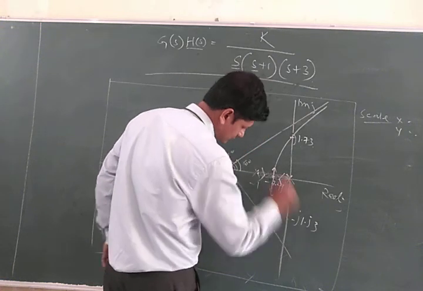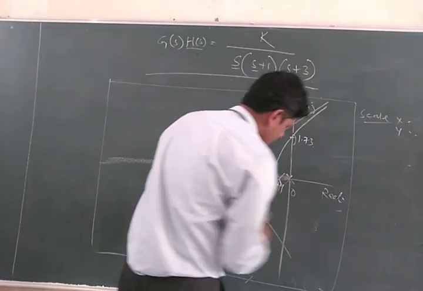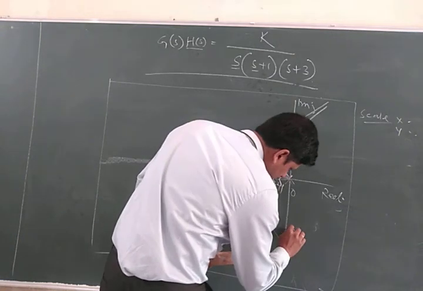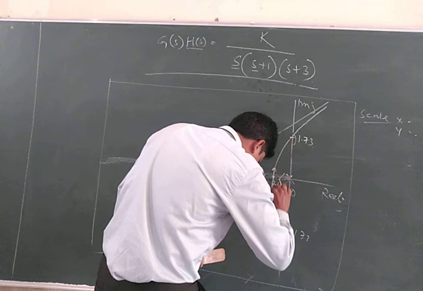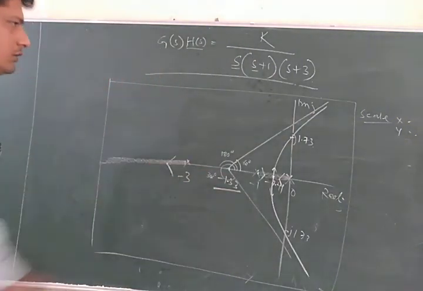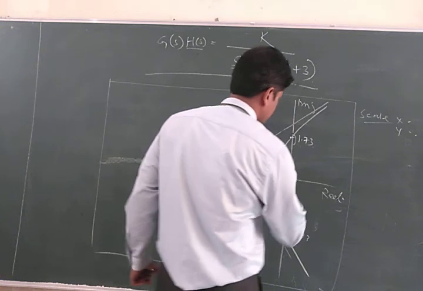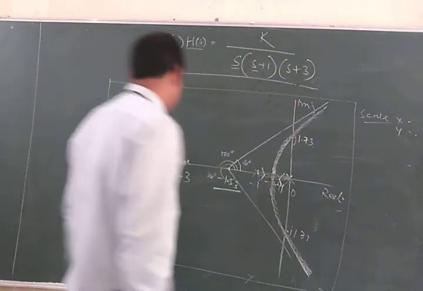It should be slightly lower, because I drew it randomly. It must go somewhat downward. Okay, so this is the whole drawing. Make this root locus darker.